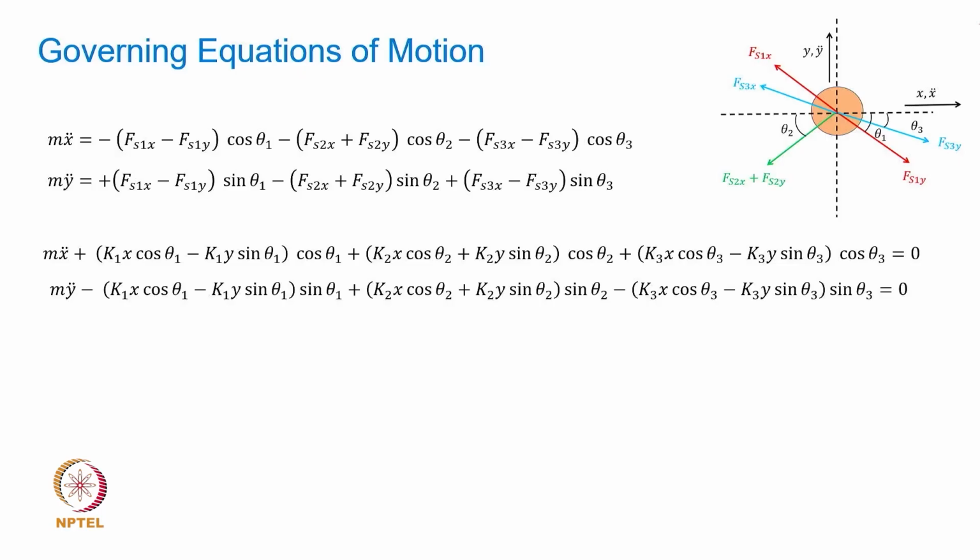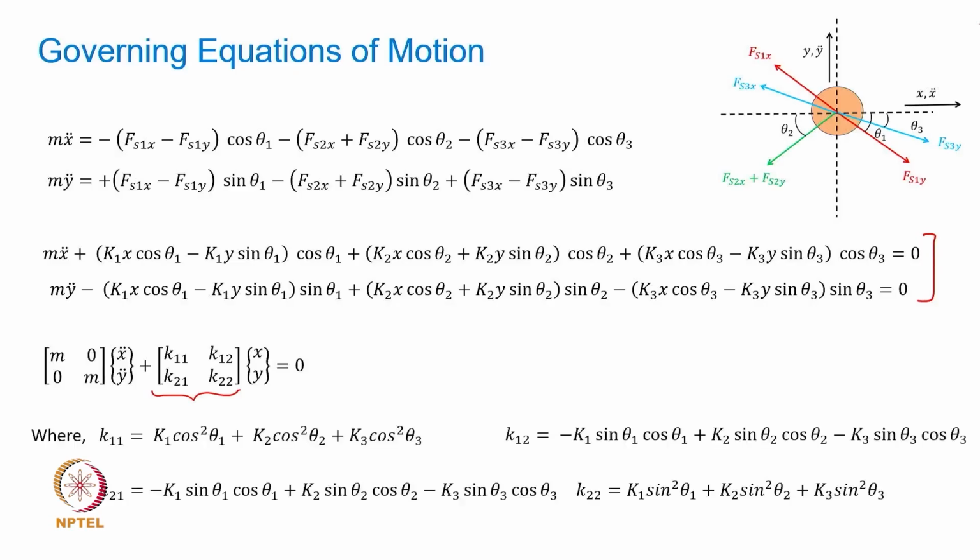So each spring is going to contribute, and then I can write this in a matrix form as we do for a multi-degree of freedom system. These two equations can be reformed into a matrix equation, and you can now notice that the stiffness matrix here is going to have non-diagonal terms indicating cross coupled stiffnesses, or coupling between x and y.